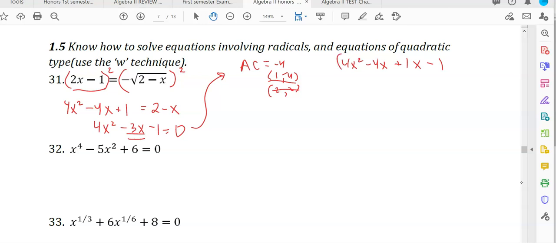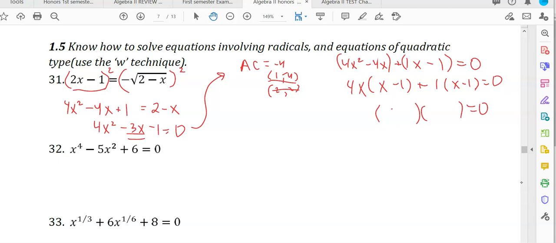I put the negative first just because I wanted to factor by grouping and it seemed easier. So I'm going to pull out the 4x here times x minus 1. Plus, I'm going to pull out a 1 just because it'll make it easier to understand here, the next step. And so then I'm going to regroup. I have factored it.